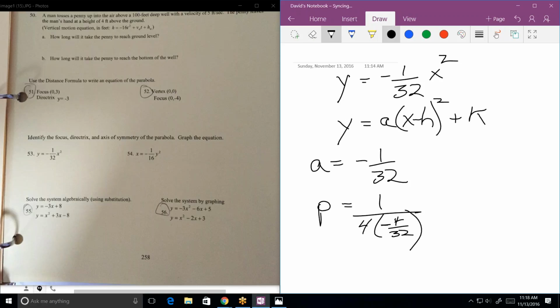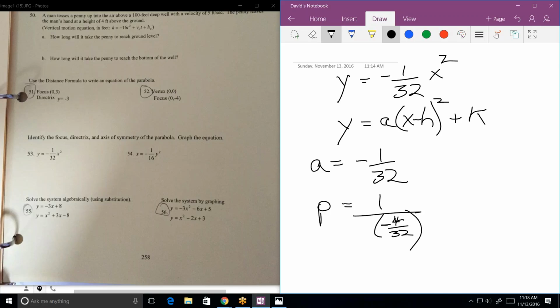Okay, so that becomes 4 over... Now what? How do you divide by a fraction, Mark? Multiply by the reciprocal.